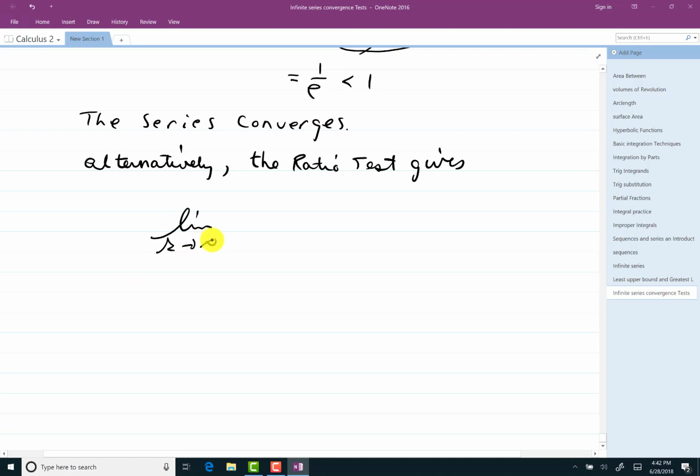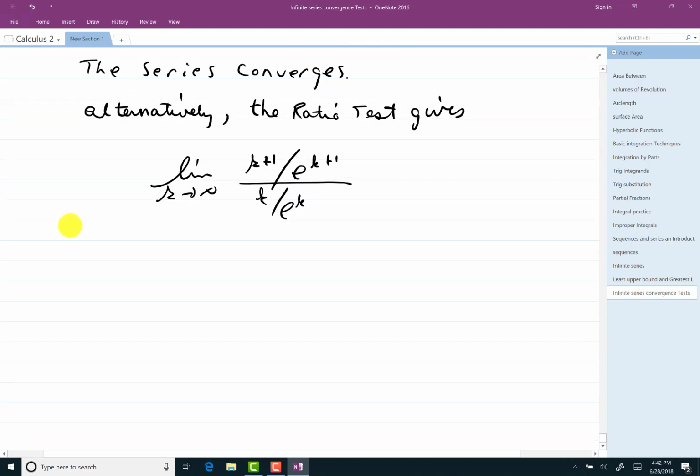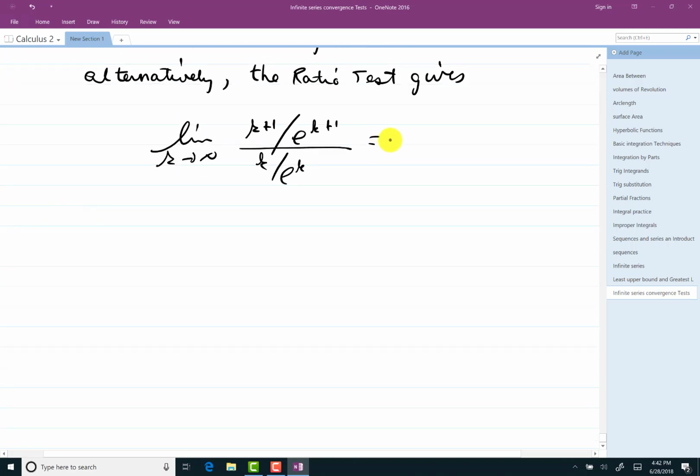So I'm going to have k plus 1 over e to the k plus 1 divided by k over e to the k. And this is going to equal the limit as k goes to infinity, k plus 1 over k times e to the k over e to the k plus 1. Well, the e to the k's will cancel pretty easily, so I'll be left with 1 over e just like before.